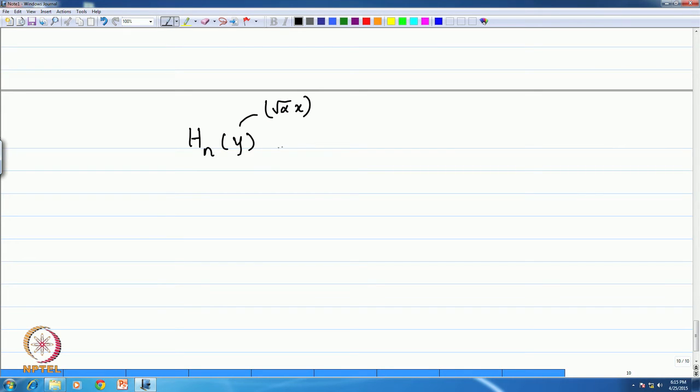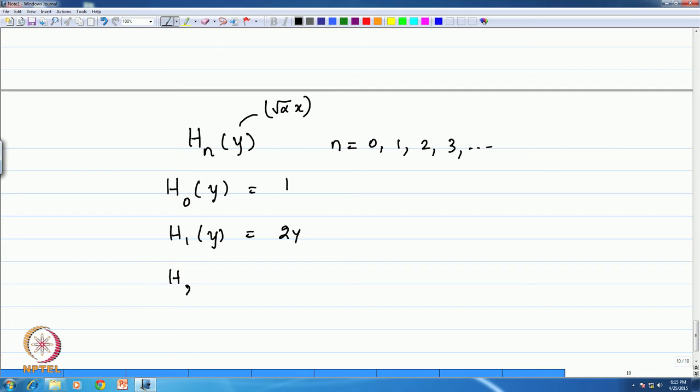For n equal to 0, 1, 2, 3, etc., the results are already known: H0 of y is 1, H1 of y is 2y, H2 of y is 4y square minus 2, H3 of y is equal to 8y cube minus 12y, and so on.